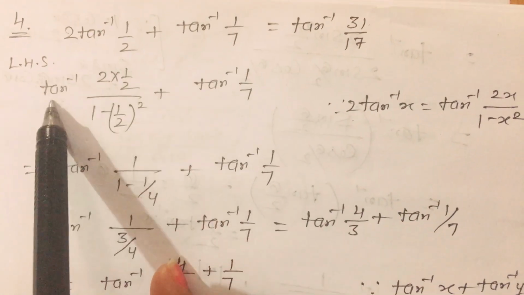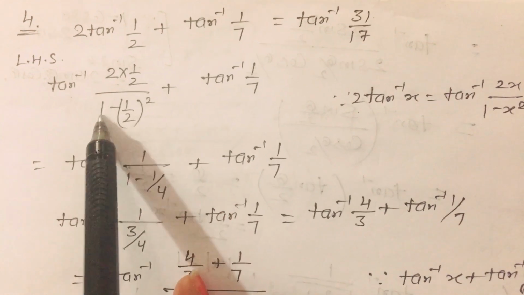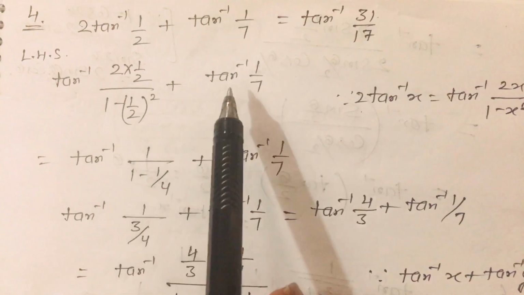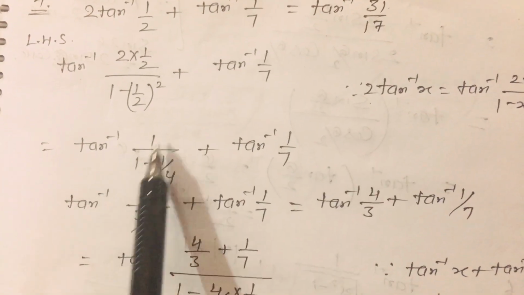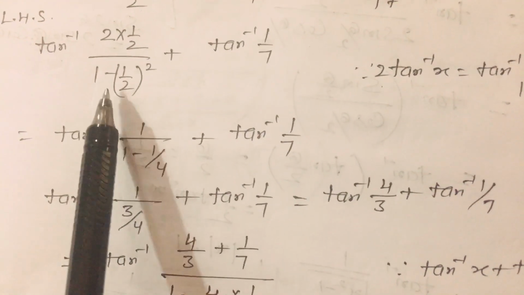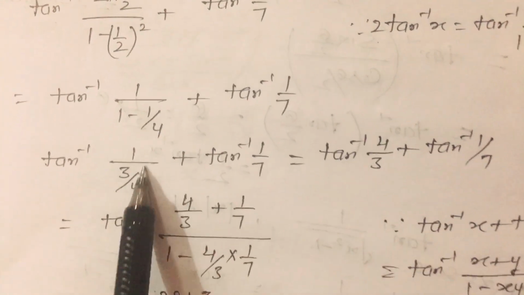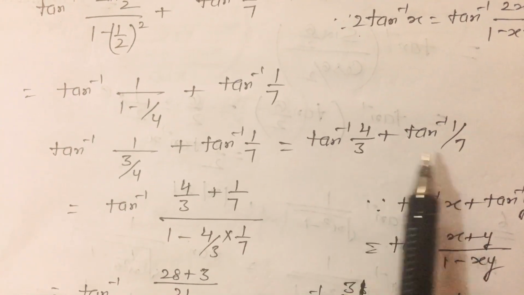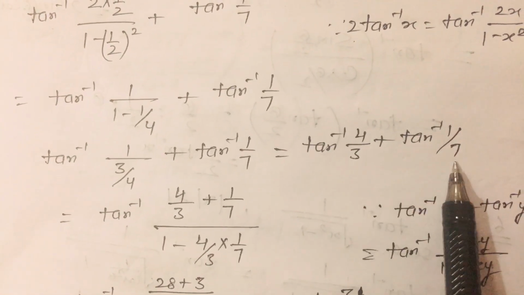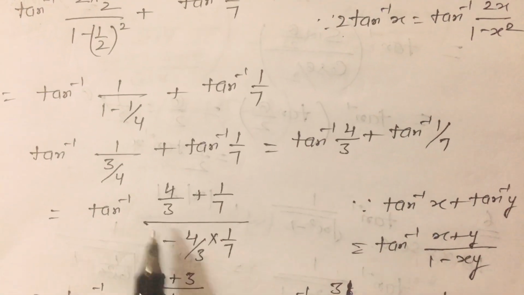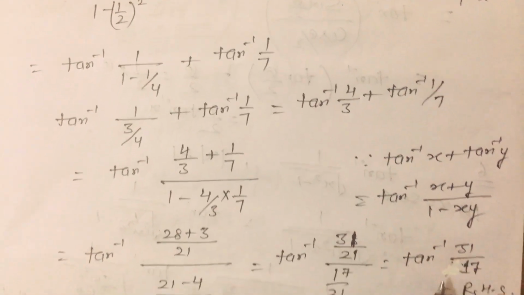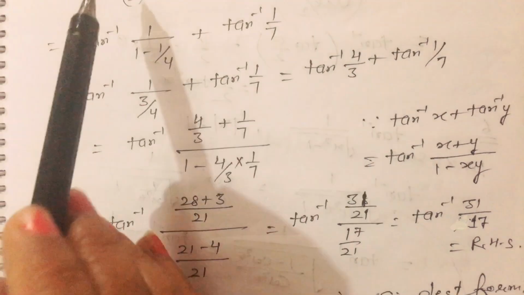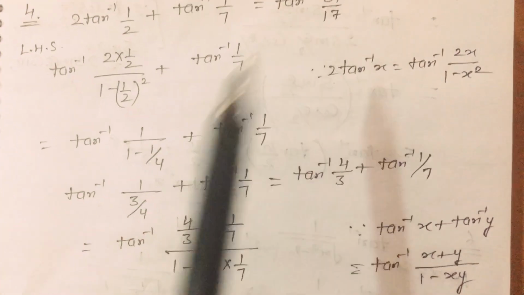Here x is 1 by 2, so it is tangent inverse of 2 into 1 by 2 upon 1 minus x square, plus tangent inverse 1 by 7. The 2 cancels with 2, it is 1 by 4, take the LCM, we get 4 by 3. So tangent inverse 4 by 3 plus tangent inverse 1 by 7. We apply the same formula for tangent inverse x plus tangent inverse y. After solving, we get tangent inverse 31 by 17. So this is the right hand side. Hence proved.